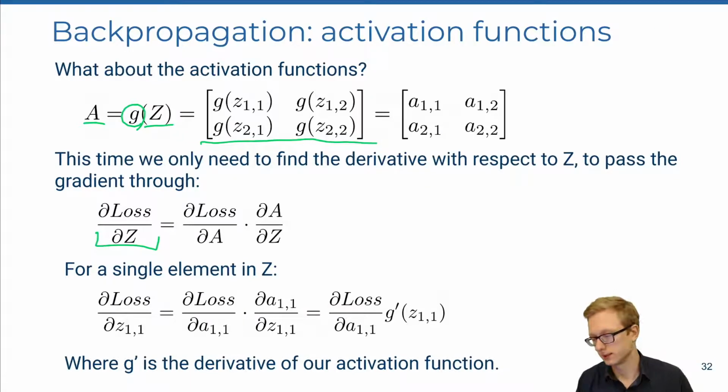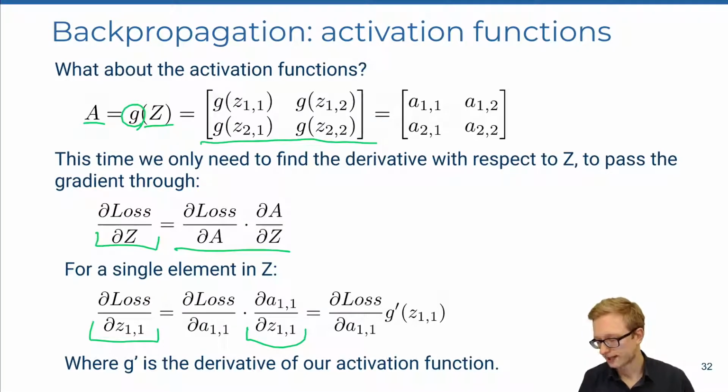So this is the partial derivative of the loss with respect to the inputs to the activation function. We can break that up into two parts like this. And for a single element in Z, for Z11, this equation looks like this. Now, if we look at this part here, then this is actually the regular derivative of the activation function, because the activation function doesn't take any other parameters as input.